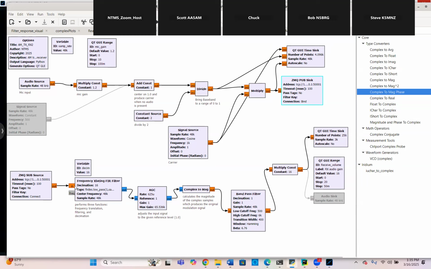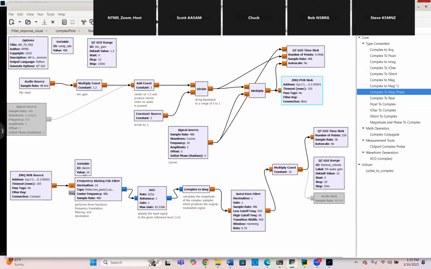On input here, there's a couple of important things that happen. One is that it goes through this filter, and this filter can perform multiple functions here: frequency translation, filtering, and decimation.